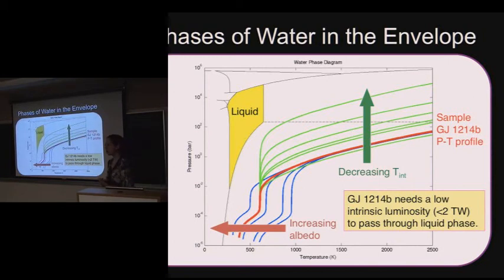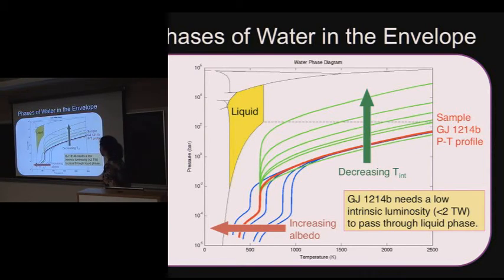That's just decreasing T_int? It looks like if you do both, you might get that more. Is that right? Yeah, here I'm plotting some illustrative, sample examples. I would have to double check what choices I plotted.